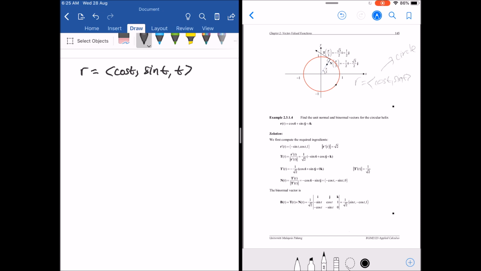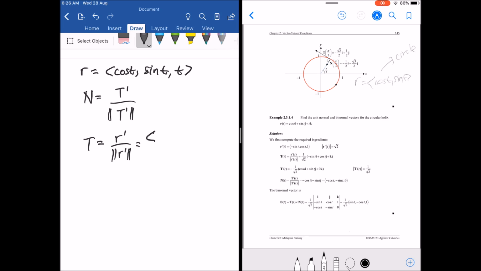To find the unit normal vector, the formula is T prime over magnitude of T prime. Therefore, we have to find the unit tangent vector first, which is r prime over magnitude of r prime.